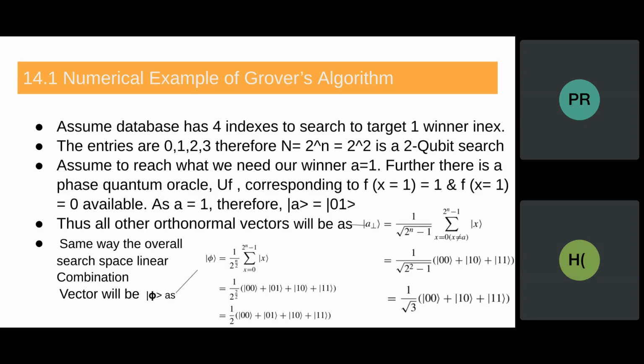So to reach 1, what we need to do? Normally if you have a database or any unstructured data, and you have entries in a string 0, 1, 2, 3, you start looking, and we don't know whether they are in order. The assumption here is it may not be in order. It may be 3, 2, 1, 0, or 0, 1, 2, 3, whatever the index is.